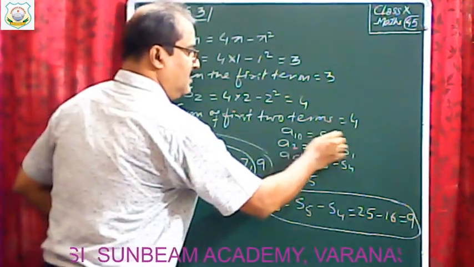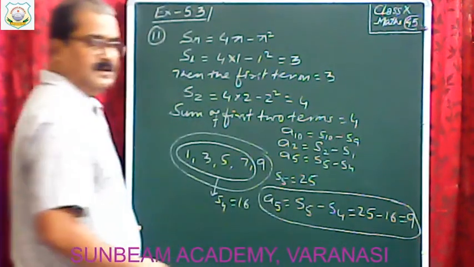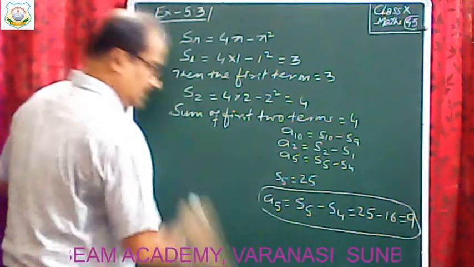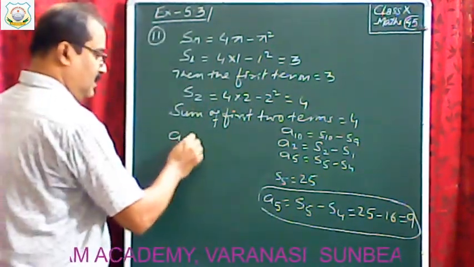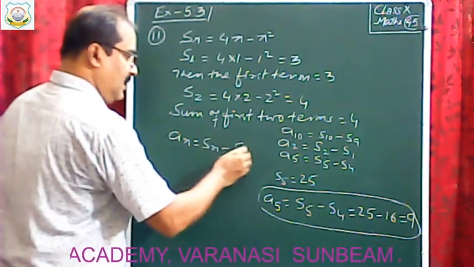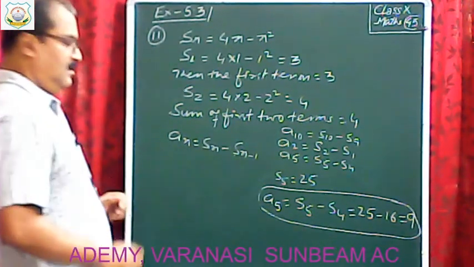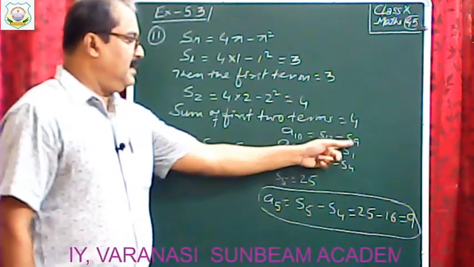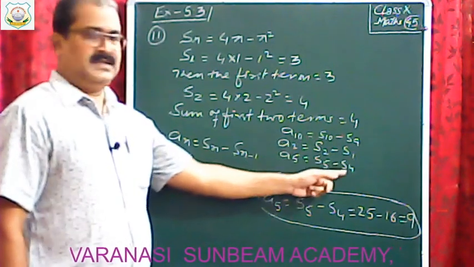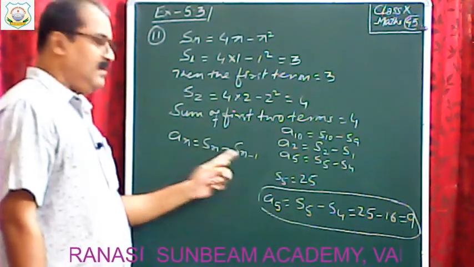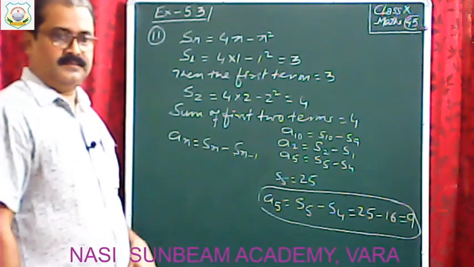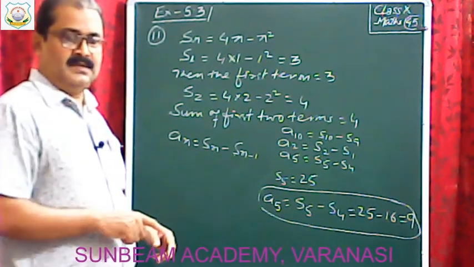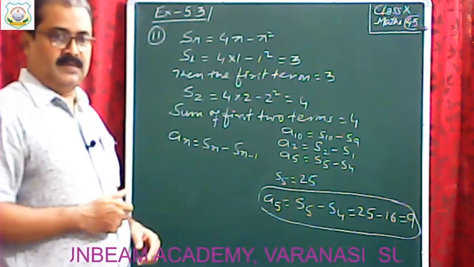So S10 minus S9. Clear? Similarly, suppose you have to find the nth term, An. That is Sn minus Sn minus 1. So the 10th term equals S10 minus S9, the fifth term is S5 minus S4, and similarly An equals Sn minus Sn minus 1. Sum of first n terms minus sum of first n minus 1 terms.